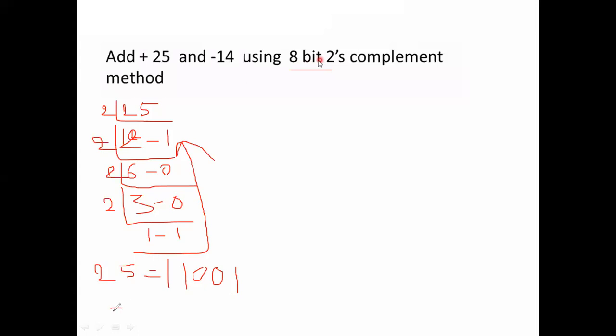Without changing this value, we add 3 zeros on the left side. 5 bits are there, but we are using 8 bits, that's why we are adding 3 zeros here. Before adding 3 zeros, here we are getting plus 25.